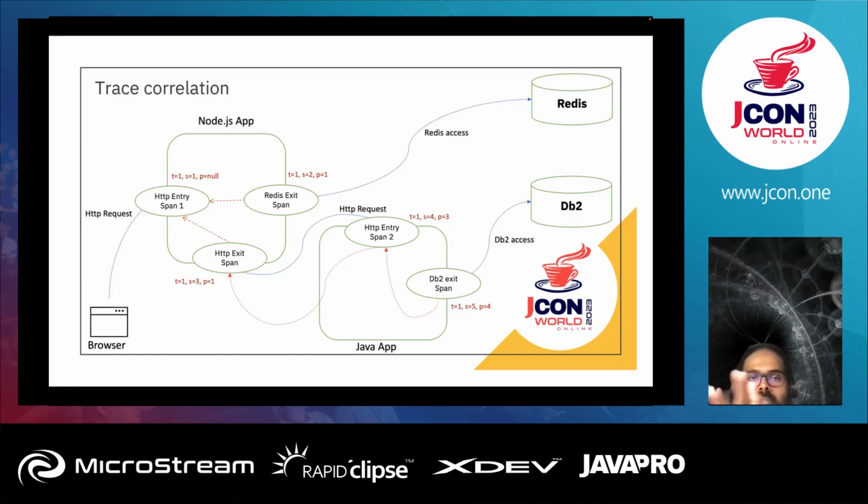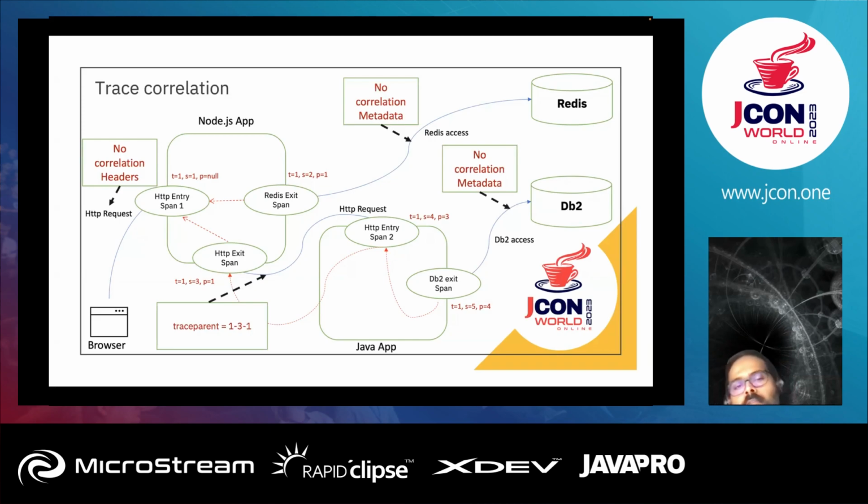So it just goes and creates a root span with parent ID set to null. But when it came to the Java app, it could understand that it is not supposed to make a root span. I have to have some correlation because the caller has given me some information, so I have to make use of it. So this is where the correlation happens.